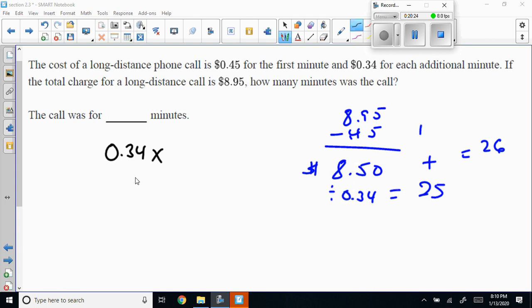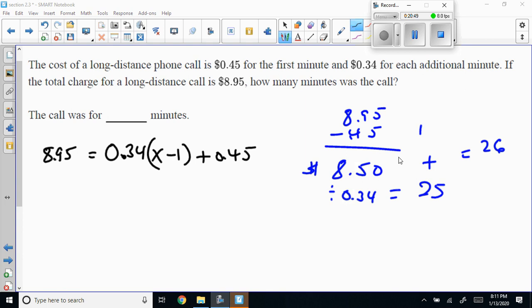So I want to show you something. That's what it looks like. The right-hand side of the equation is what the telephone company has plugged in. Now, let me explain.